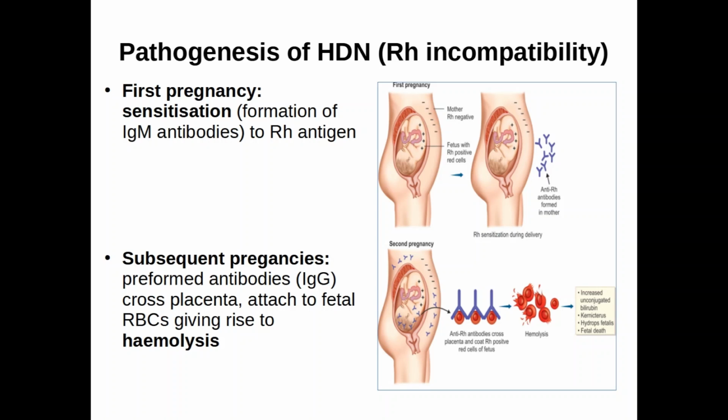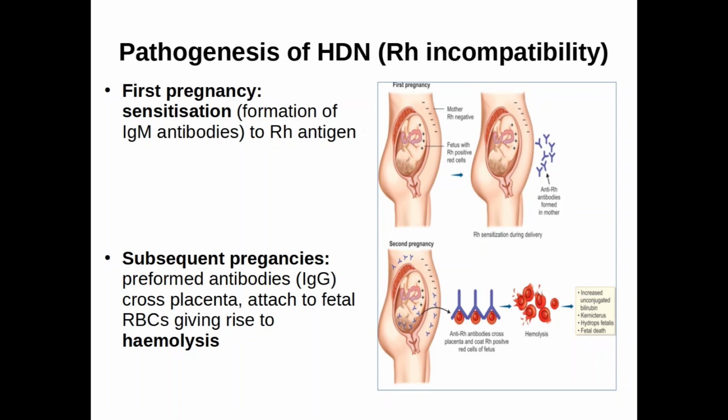Initially, in the mother's blood, IgM antibodies will form against the Rh antigen in the fetal RBC. However, this IgM antibody is not capable of crossing the placenta into the fetal circulation. That is why the first baby will not usually have any symptoms.